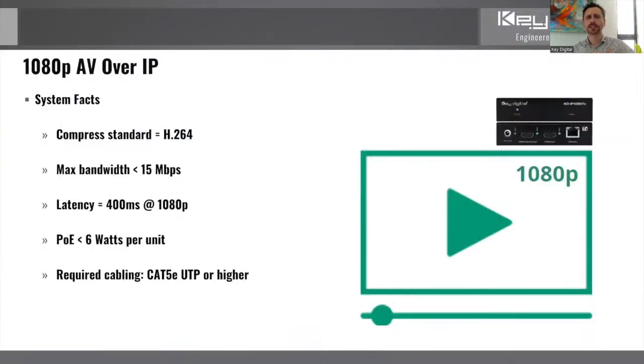What do you need to know to get started with a system like this? Well, of course, it goes over your network, okay? And anytime video goes over the network, you're going to be compressing that video just due to the nature of the high bandwidth of high definition video signals.